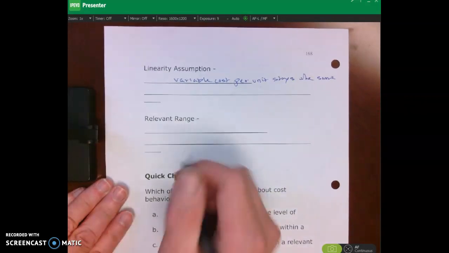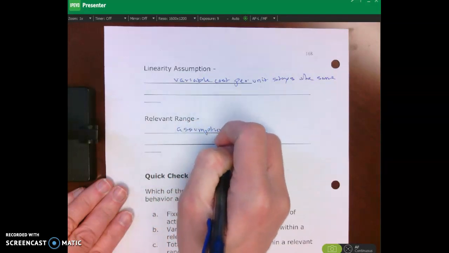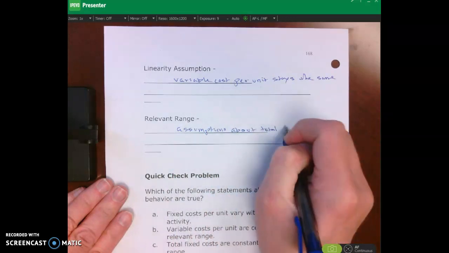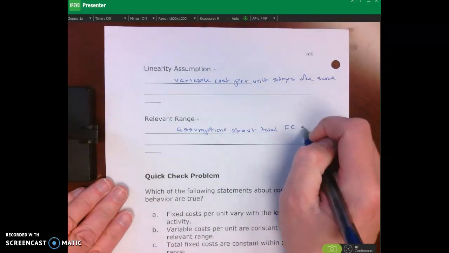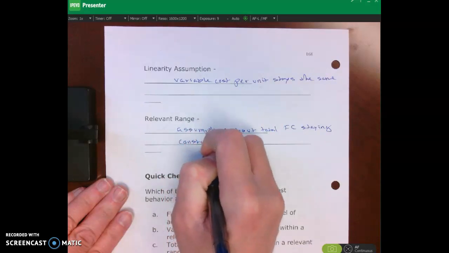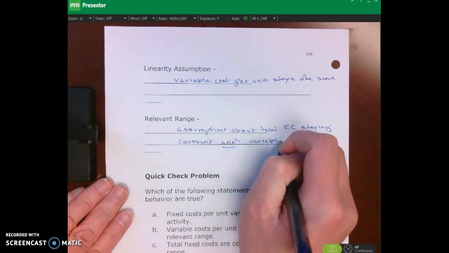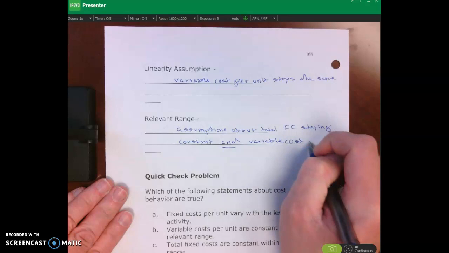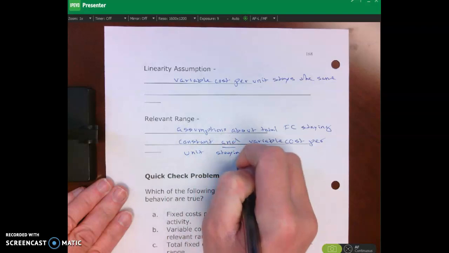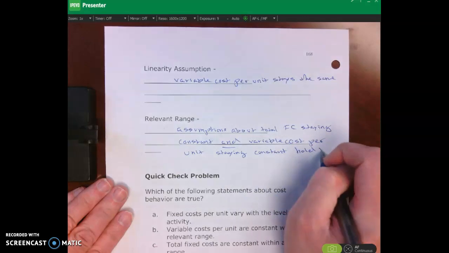With the relevant range, what we say is that our assumptions about total fixed costs staying constant and variable cost per unit staying constant hold true.